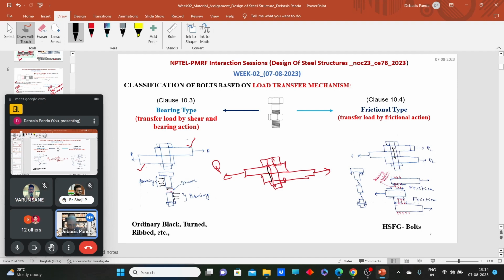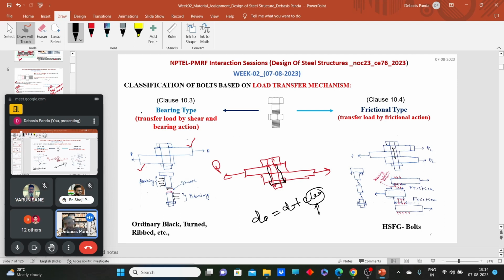So what should be that bolt hole diameter? d_0 will be equal to d, that is the nominal diameter of the bolt, plus some clearance, and that clearance we will get from Table 19. So we made the hole, then we put the bolt and tighten the nut.